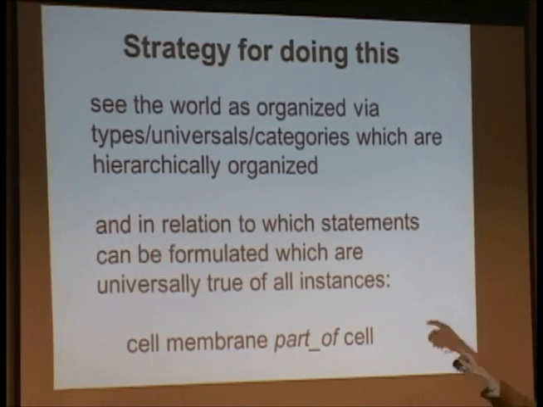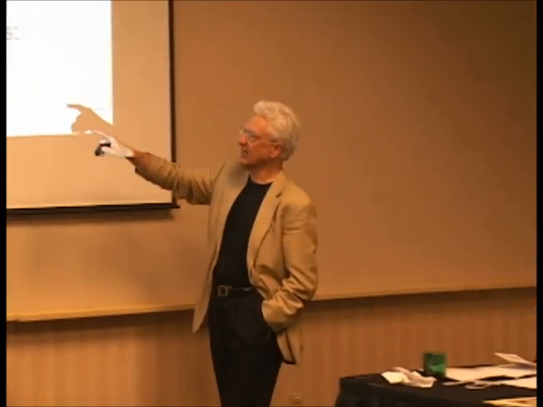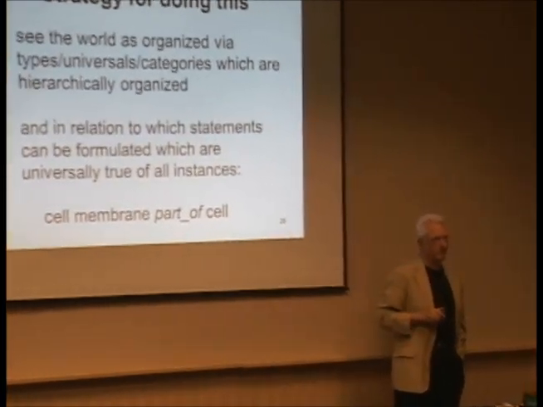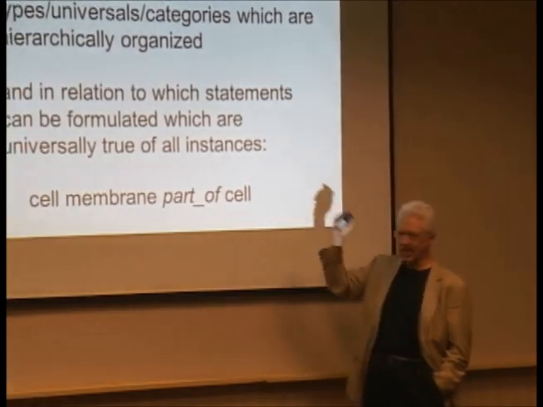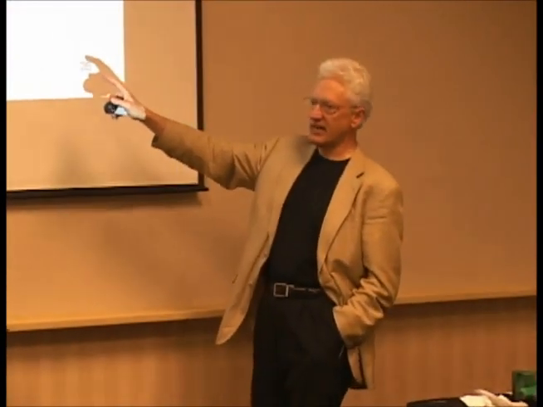Now, when we have an ontology arrow connected to boxes, we're connecting one box representing one type with another box representing another type. For instance, cell membrane, part of cell. That's what ontologies are made of. Axioms, linking terms representing types by means of relations between types.